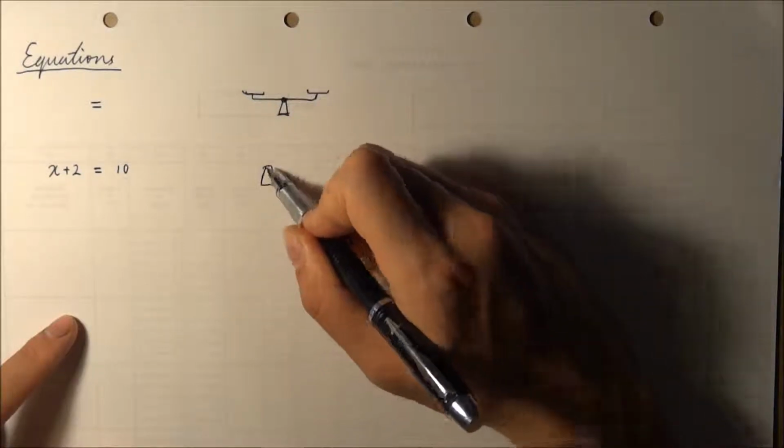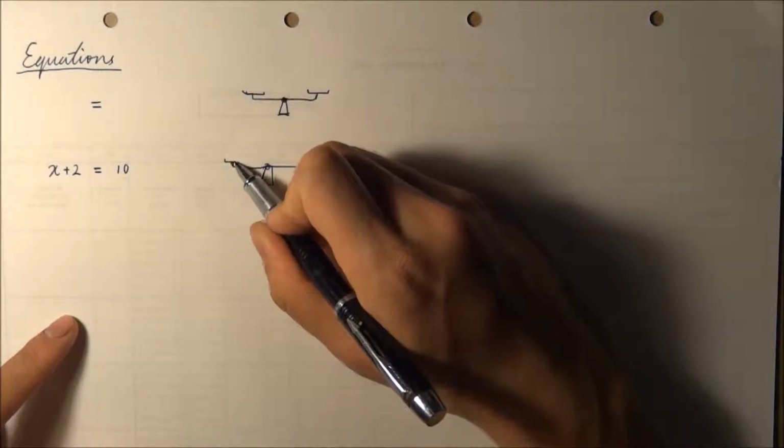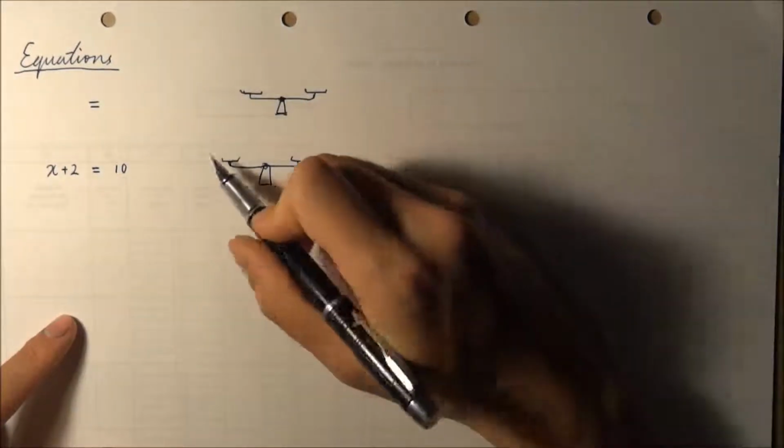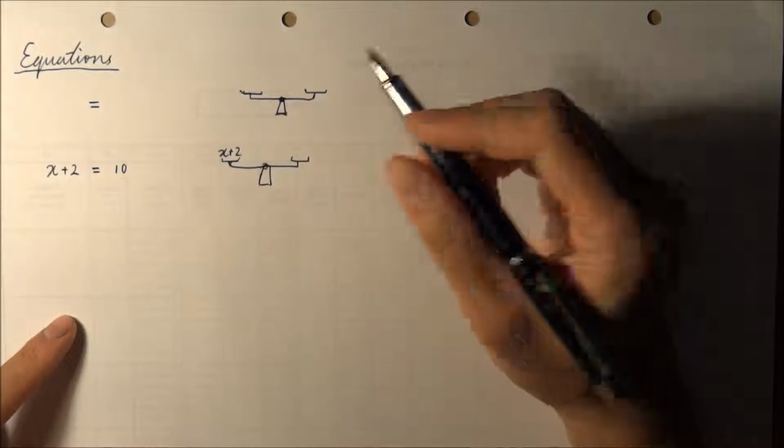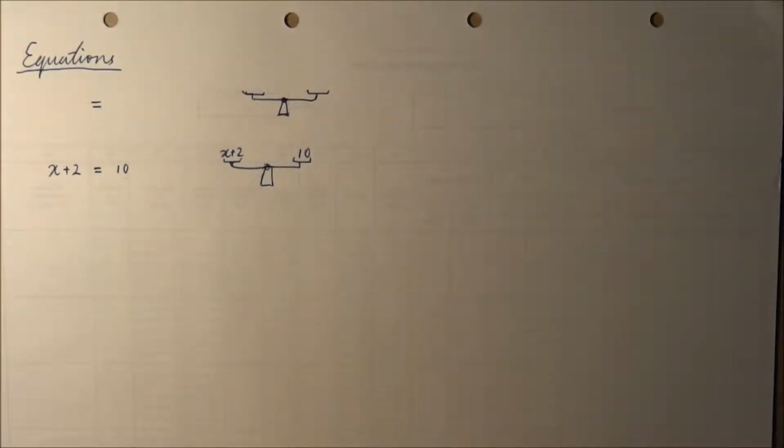If we have a balance, we have x plus 2 on one side and 10 on the other side, and they weigh the same.